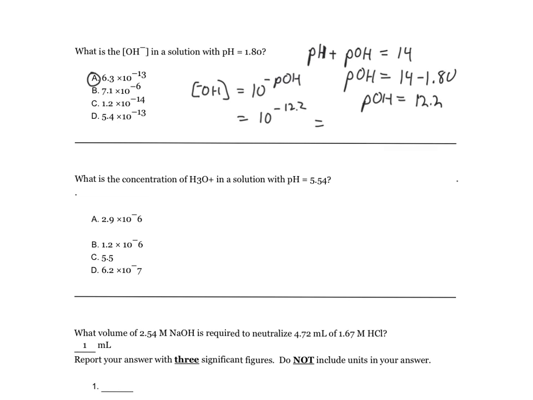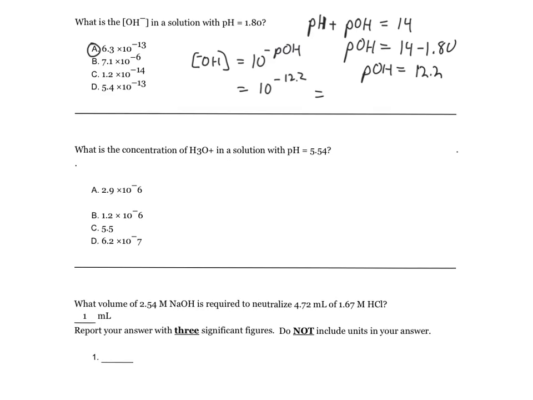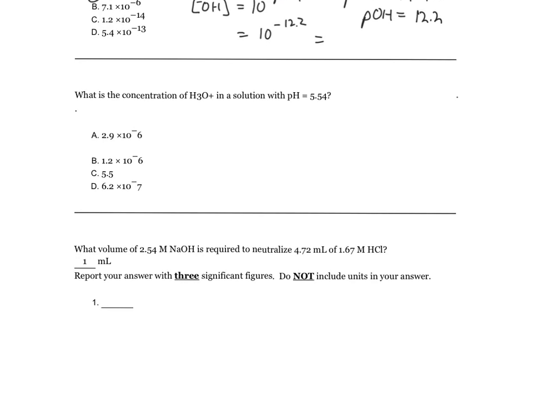The next question. What is the concentration of H3O plus in a solution with a pH of 5.54? This is very similar to the previous problem, where the concentration of H3O plus is equal to 10 raised to the negative pH.